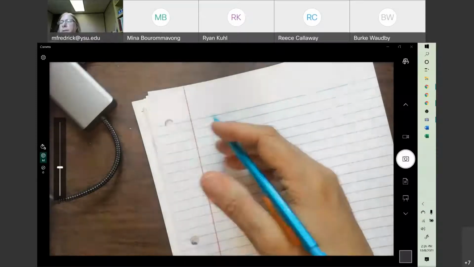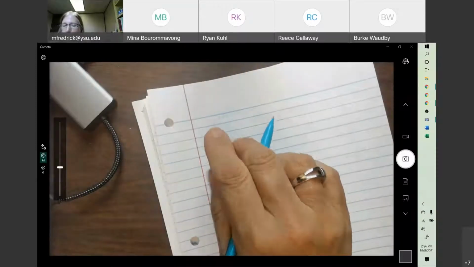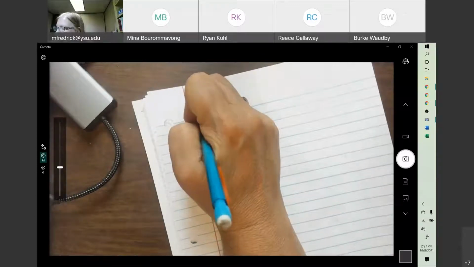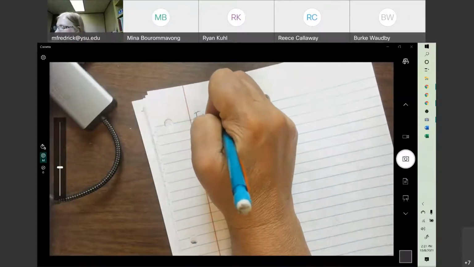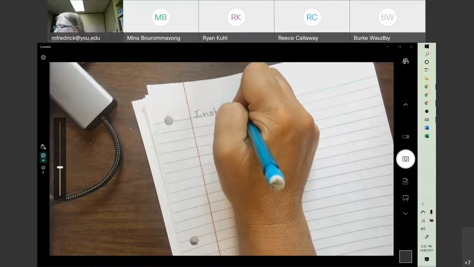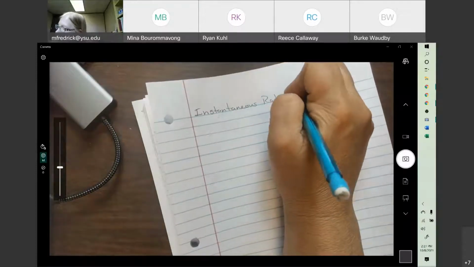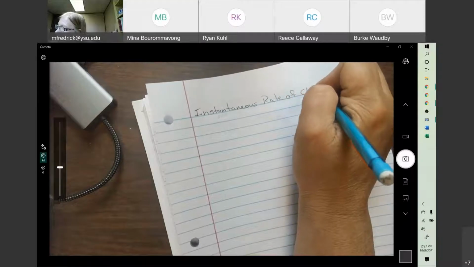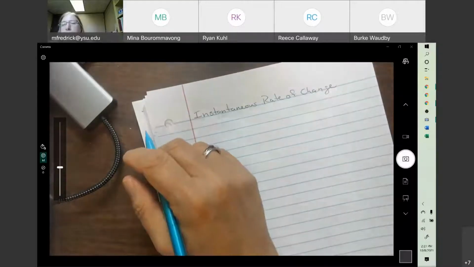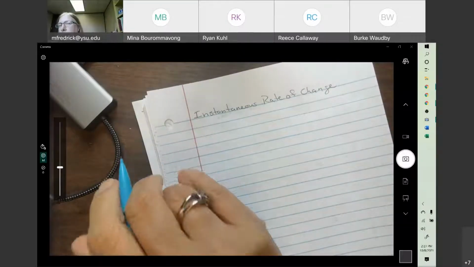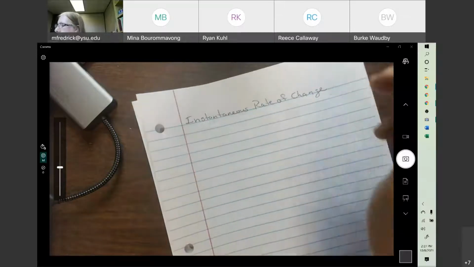That was the rate of change between two values. There's also instantaneous rate of change. And instantaneous rate of change is the change at one value.